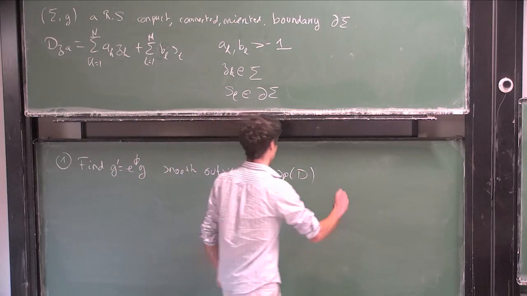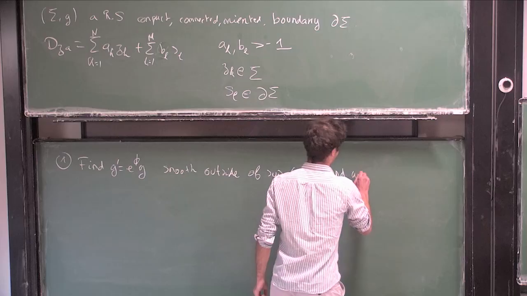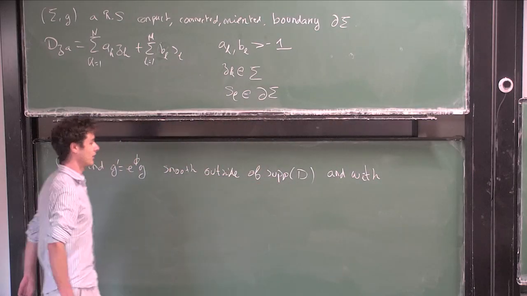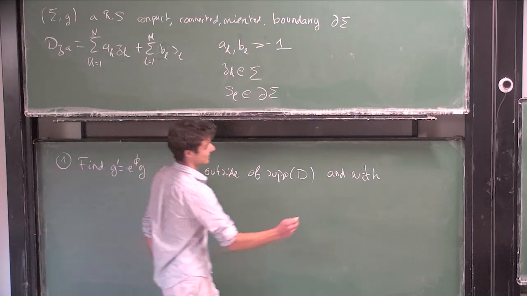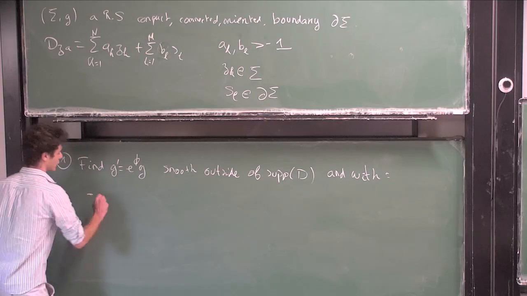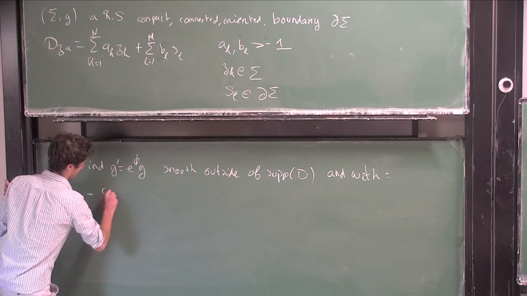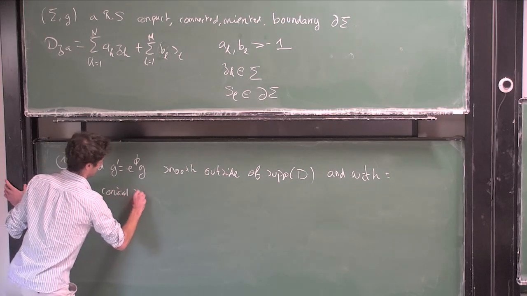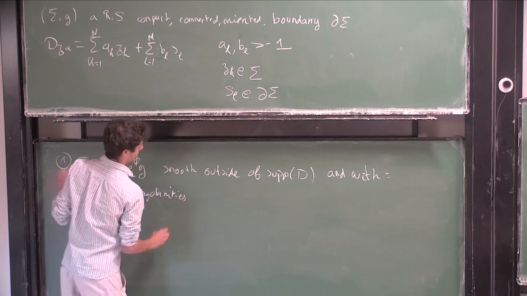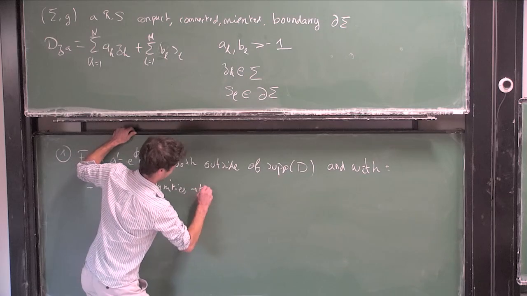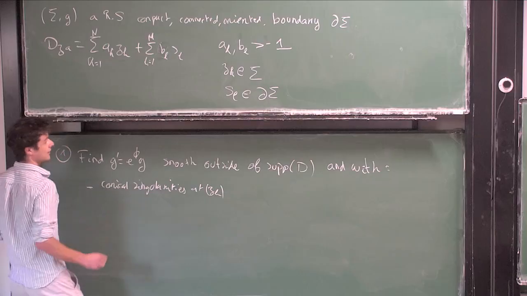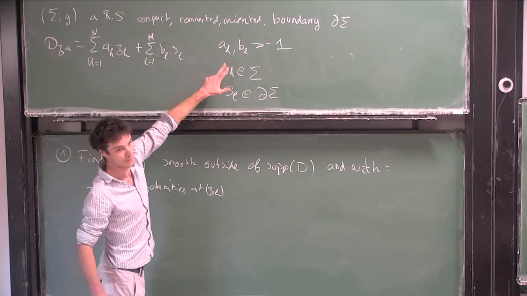Near these singular points, I want it to have conical singularities at all these singular points. The angle of the singularity is prescribed in terms of these α and β.